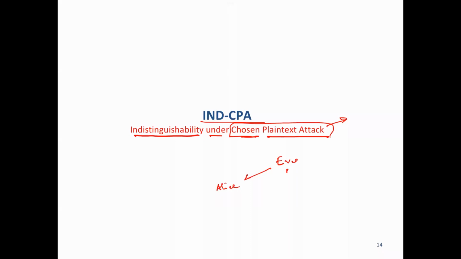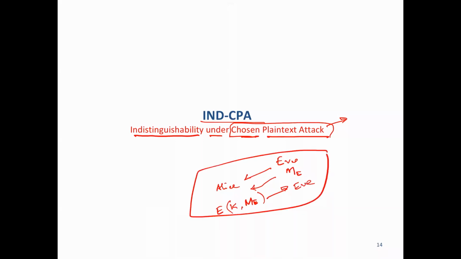So Eve has a message, say ME, and she sends it to Alice, and Alice encrypts this message ME using some key K and sends it back to Eve. If Eve is able to do this, then it comes under the chosen plaintext model.